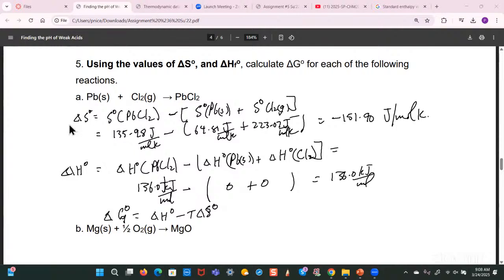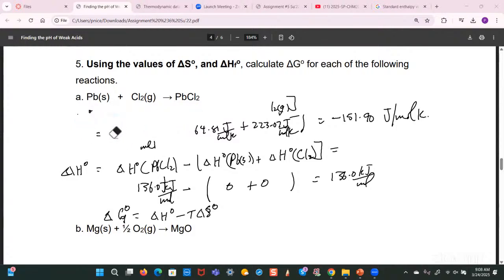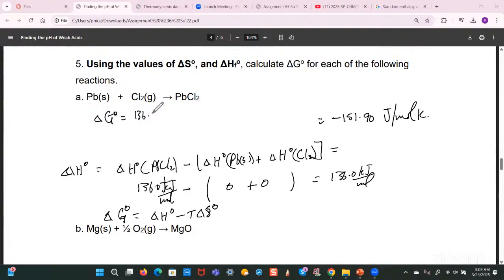So delta G standard would be equal to delta H, which is 136.0 kilojoules per mole, minus T, which is 25 degrees Celsius, which is 298 Kelvin, because we're talking about standard temperature, multiplied by S, which is this right here, minus 151.90, and this is joules per mole Kelvin.